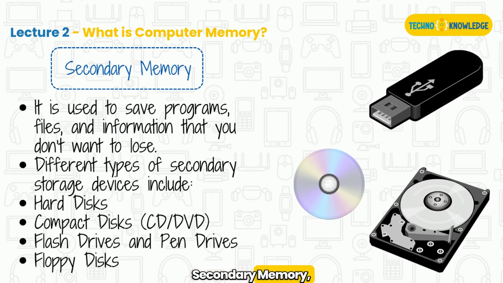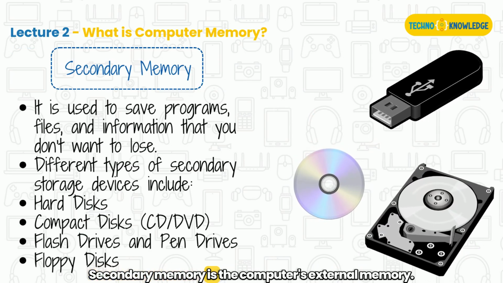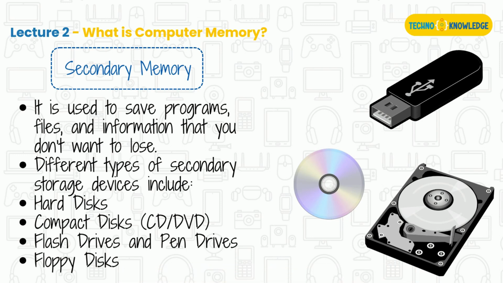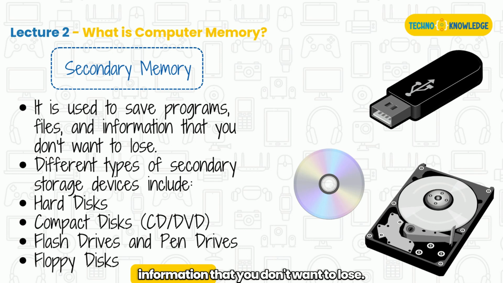Secondary memory. Secondary memory is the computer's external memory. It is non-volatile, so it stores data permanently. It is used to save programs, files, and information that you don't want to lose.